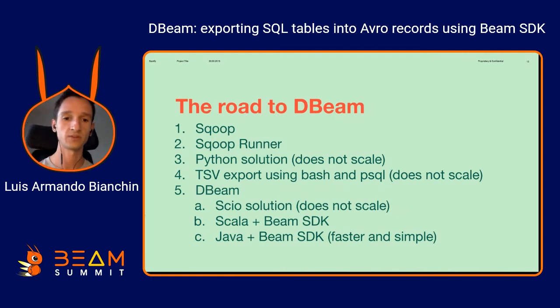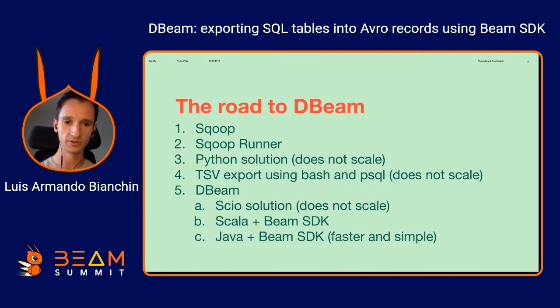So we needed to find some other solution. So we also tried to run some Python scripts, some Bash scripts, and PostgreSQL. So they are quite nice up to a few thousand records, but they don't scale for millions of records.